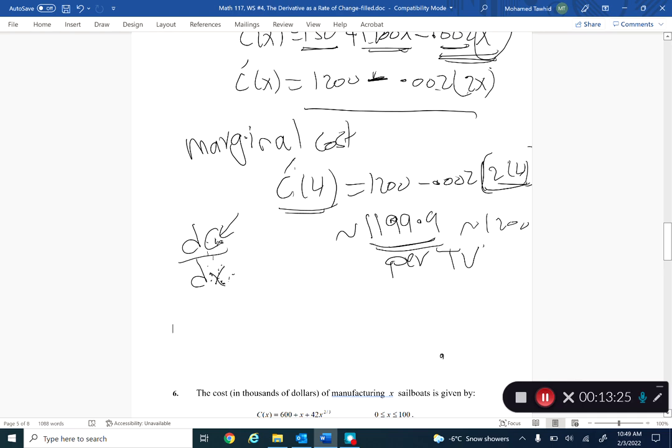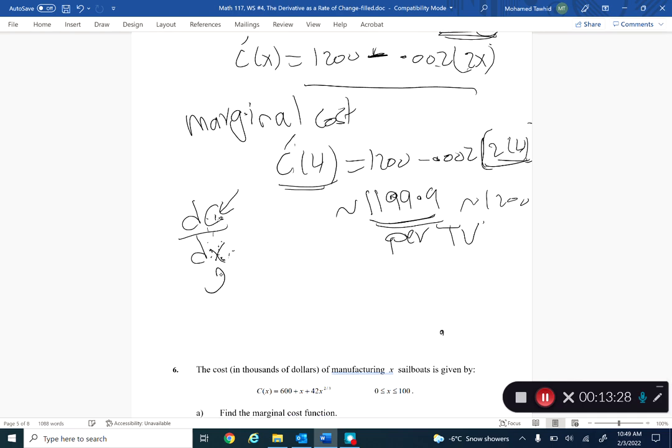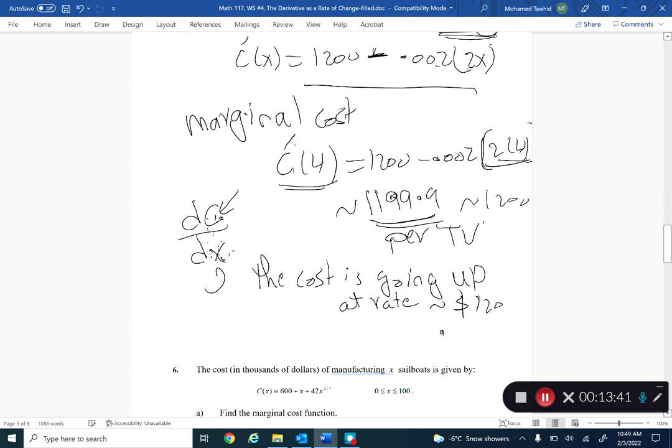All right, so now the cost is going up at a rate. Because it's positive, it is going up at a rate. I'm just writing here at a rate of almost 1,200, approximately 1,200, right?